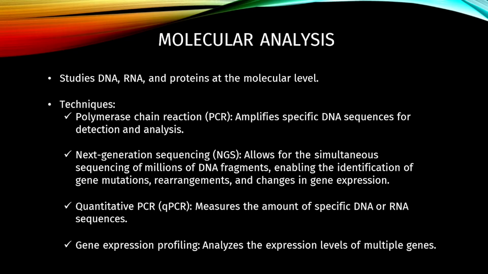NGS means next generation sequencing. It allows for the simultaneous sequencing of millions of DNA fragments, enabling the identification of gene mutations, rearrangements, and changes in gene expression. Quantitative PCR, that is qPCR, measures the amount of specific DNA or RNA sequences. Gene expression profiling analyzes the expression levels of multiple genes.